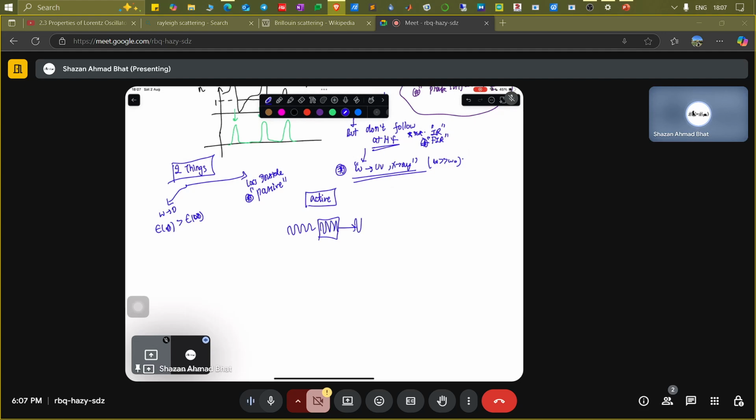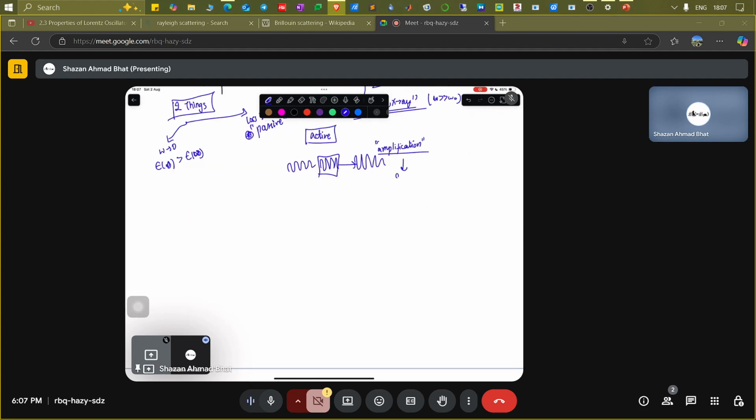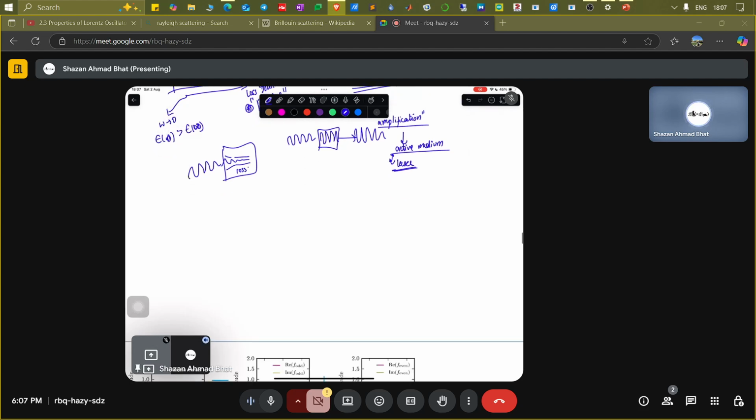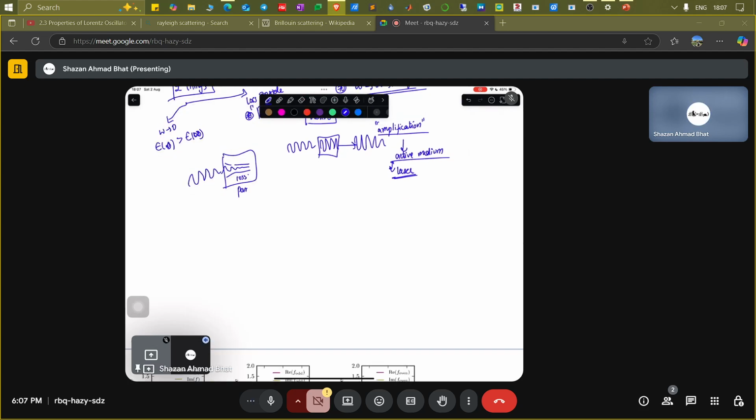This is amplification, and I talked about it in the first lecture. It happens in an active medium, which is present in a laser. That is an altogether different scenario. Here we are talking about a passive system, wherein you have an incoming electromagnetic wave that decays inside the system. You have a loss. So this is the passive material.